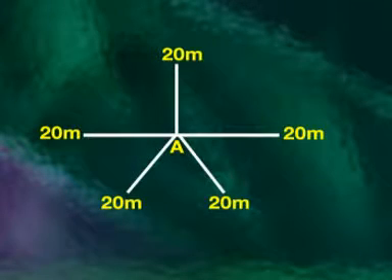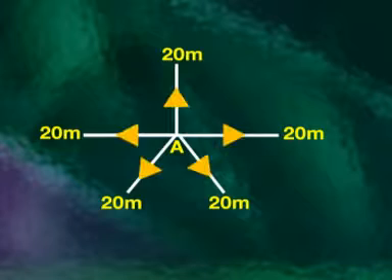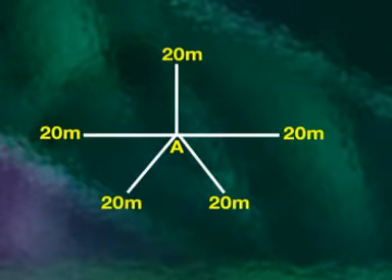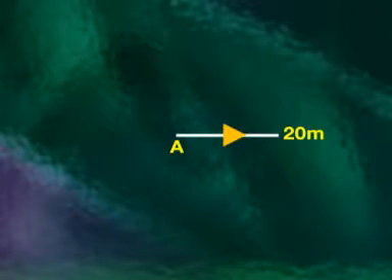The diagram shown on the screen, not drawn to scale, shows possible ways of obtaining 20 meters from A. And 2 refers to a distance of 20 meters in the east, or it is 20 meters due east.